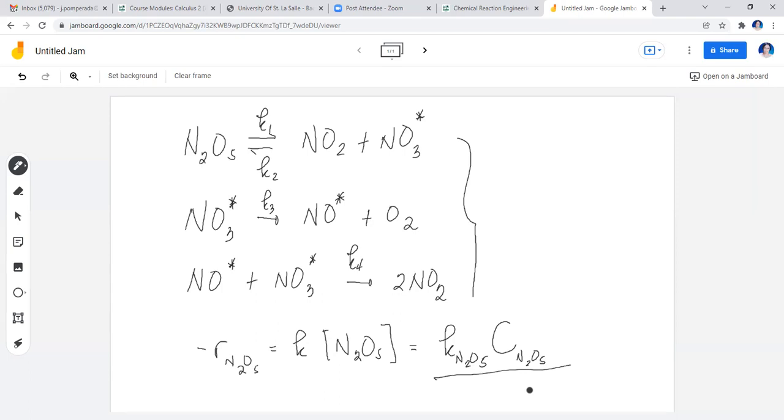So the first thing that we are to do in here, whenever you're given a mechanism that has a reversible reaction, is you're going to write this particular reversible reaction into 2 equivalent reactions. So this is what I mean. You write here dinitrogen pentoxide. That's for the forward reaction, forming NO2 and NO3 asterisk. And then what you're going to do, you're going to write again the reverse reaction.